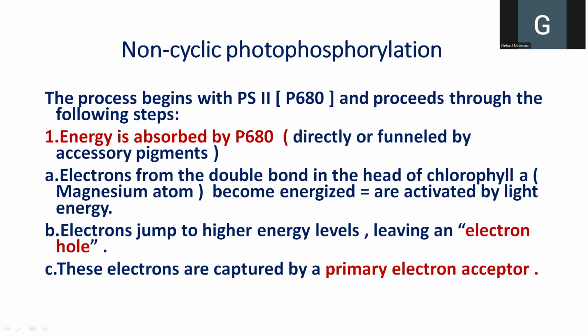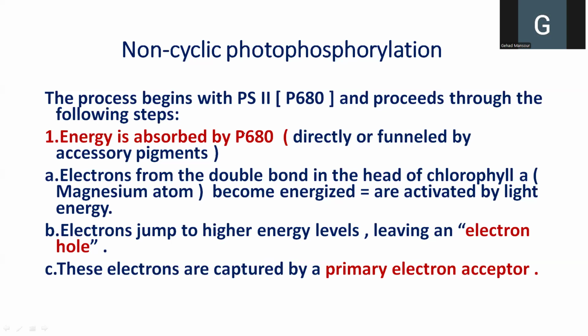So in non-cyclic photophosphorylation, the process begins with photosystem 2. And as you know, photosystem 2 is called photosystem 680 because the chlorophyll molecule that lies in photosystem 2 absorbs maximally the wavelength, which is 680.